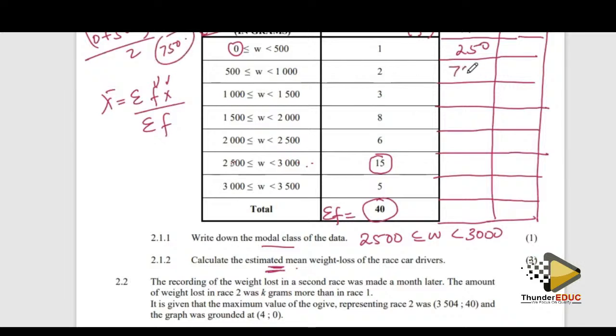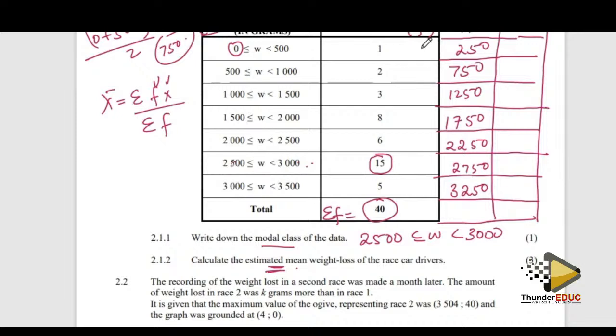So when you look at the trend that is happening, it's like we are just adding a 250, 250, 250, 250 everywhere. So this is going to be 1,250. And then this is going to be 1,750. And then it's going to be 2,250. And then 2,750. And then 3,250, something like that.